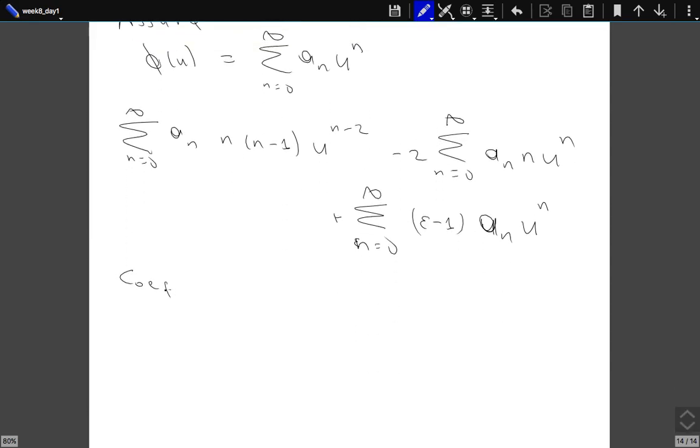Now the coefficient of u to the power m, for m = 0, 1, etc., should be 0.